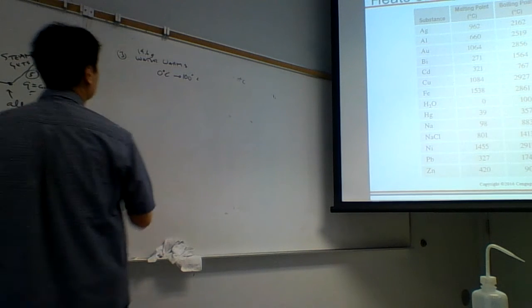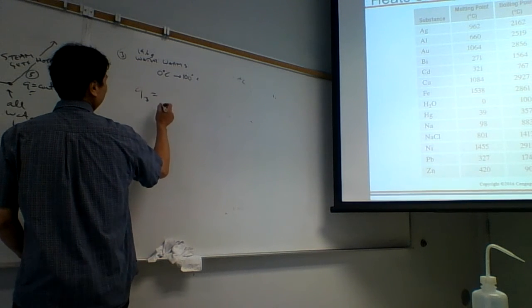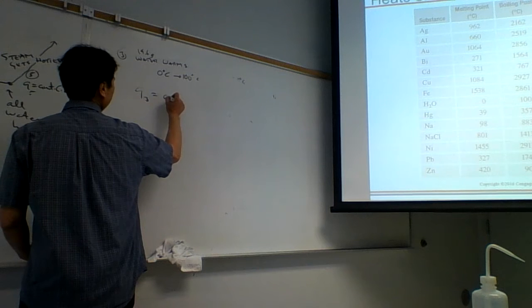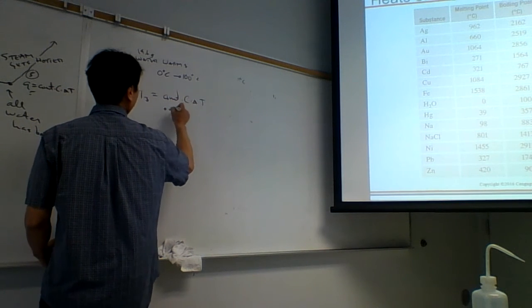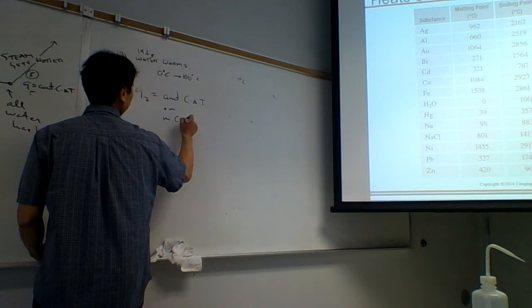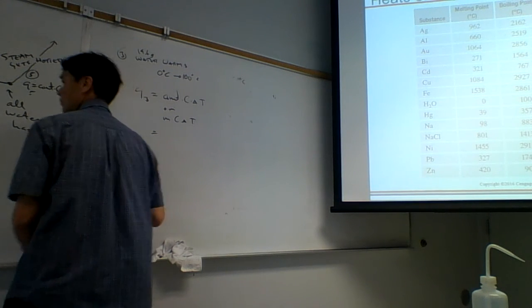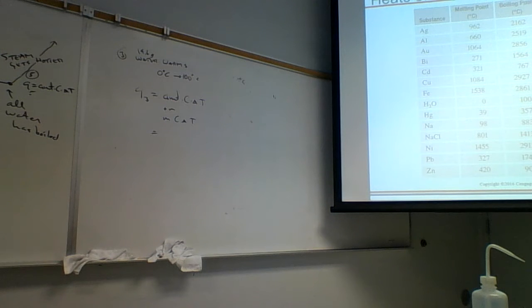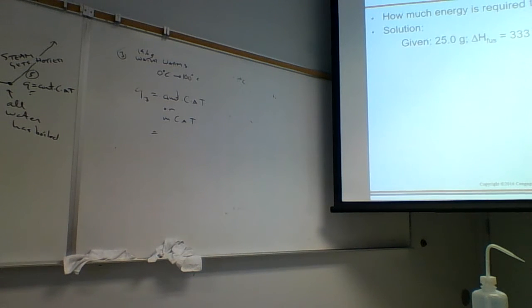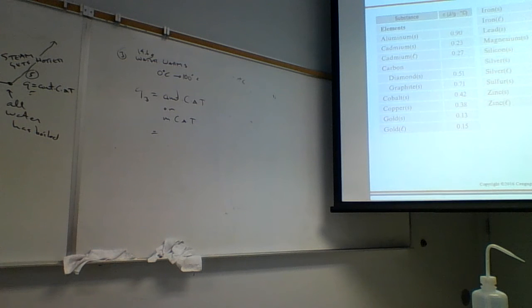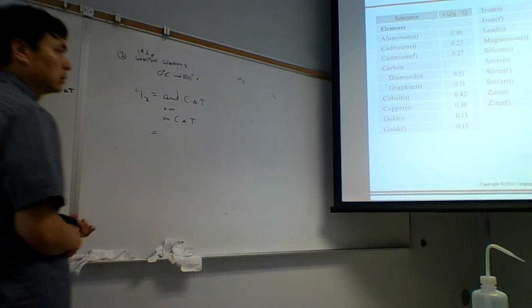And so Q3 is going to equal MC delta T. So we need a specific heat for C. A lot of people, like I said, have this one memorized for water.